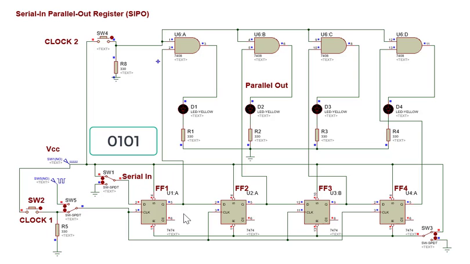To load the data to our first D flip-flop, we will now press SW2 once. Notice the Q output of flip-flop 1 having a red color to indicate logic 1. For the next input, let us position the switch SW1 to down position, corresponding to a 0 value.